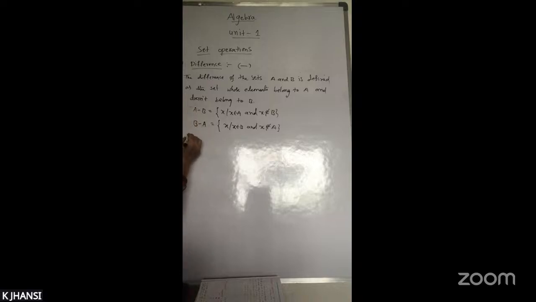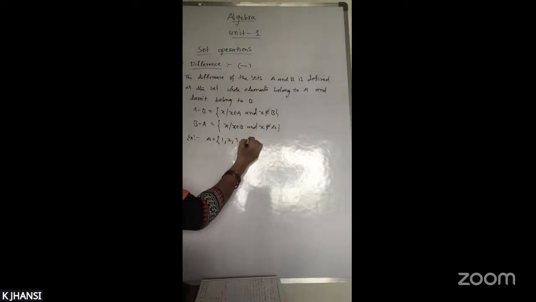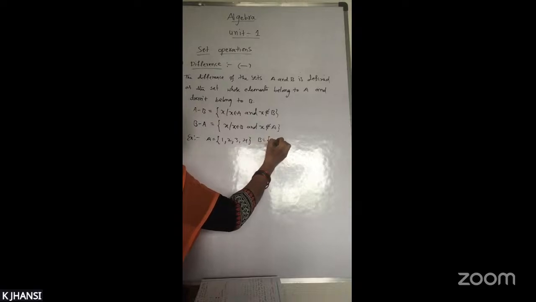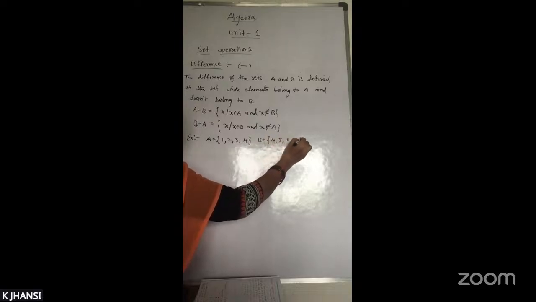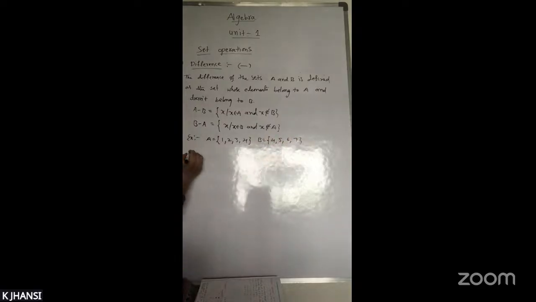So you can take one example. A is equal to {1, 2, 3, 4} and B is equal to {4, 5, 6, 7}. Okay. So then A minus B is equal to, see what is the definition?